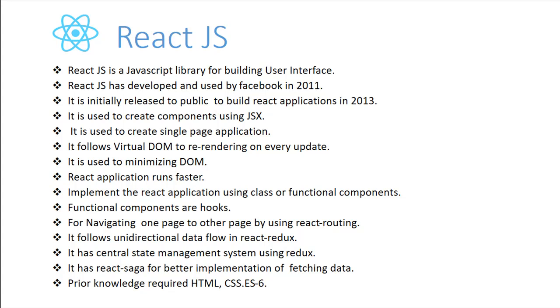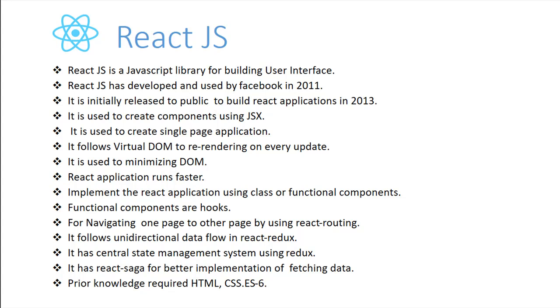After that, for navigating from one page to another page we use React routing. While you are on one page and click something on it, it goes to another page, and for that we follow the React routing concept. It's very simple to understand and use in code.